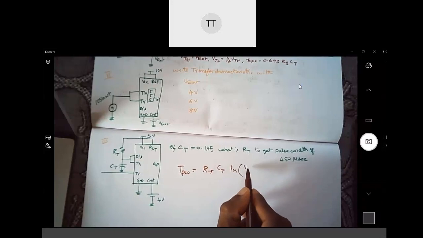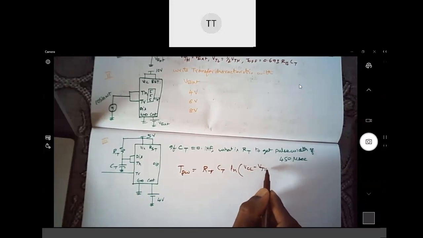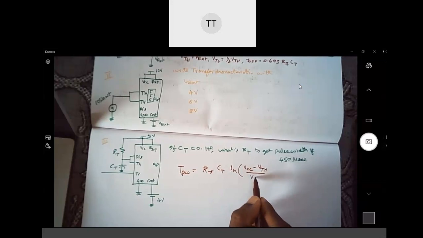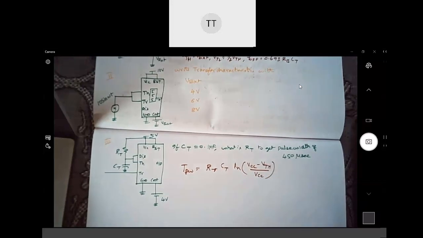what is this? Is it VCC by VCC minus VTH? These have all been derived.